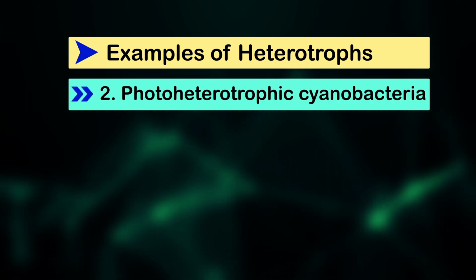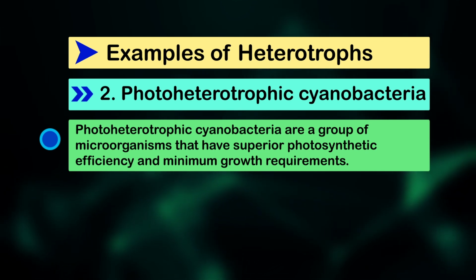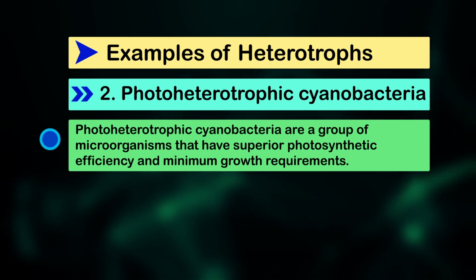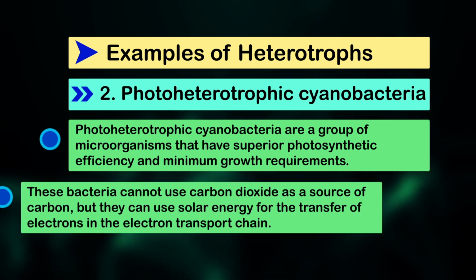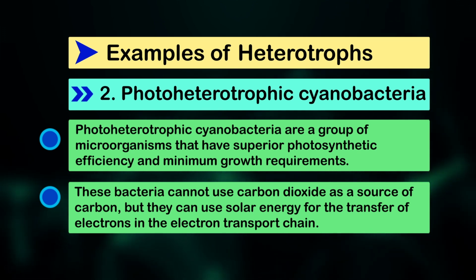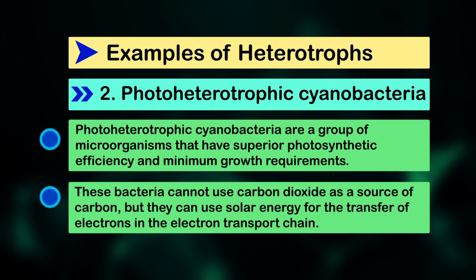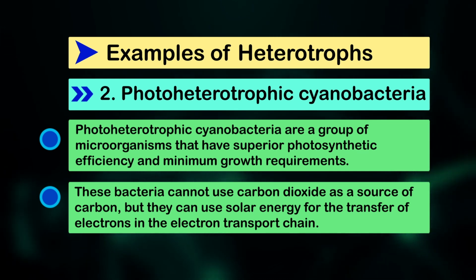Now, let us look into another example, that is photoheterotrophic cyanobacteria. Photoheterotrophic cyanobacteria are a group of microorganisms that have superior photosynthetic efficiency and minimum growth requirements. These bacteria cannot use carbon dioxide as a source of carbon, but they can use solar energy for the transfer of electrons in the electron transport chain.